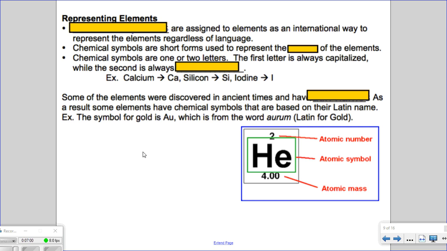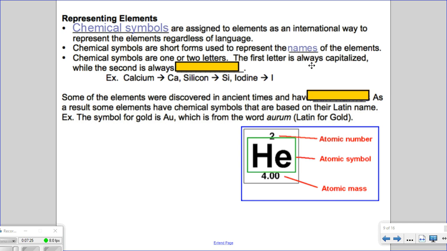When representing the elements, chemical symbols are assigned to elements as an international way to represent the element regardless of language. The chemical symbols are basically a short form used to represent the names of the elements. They are one or two letters.